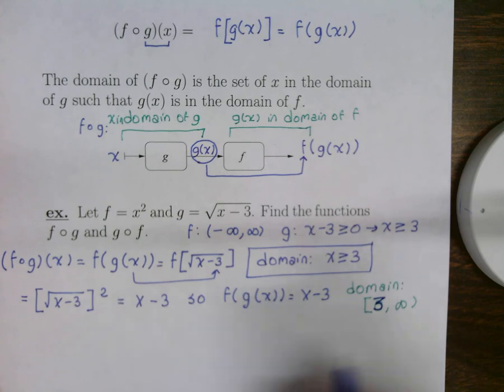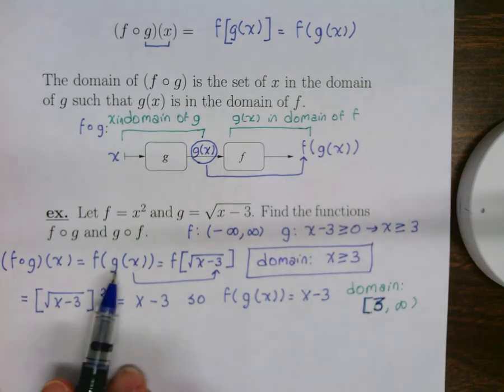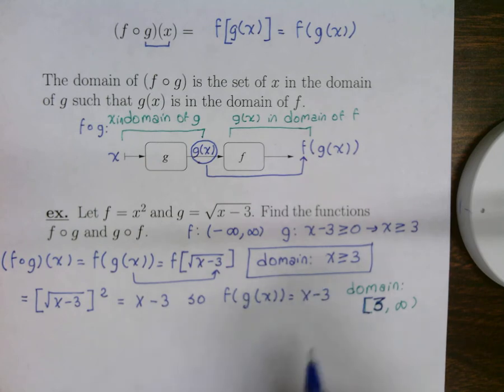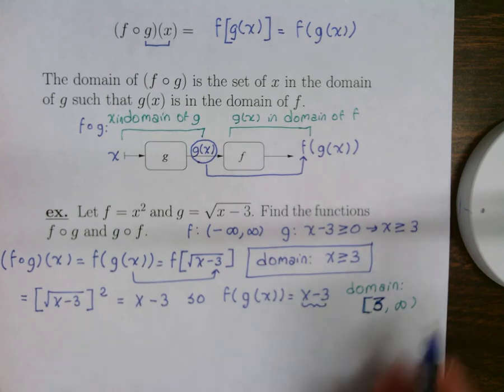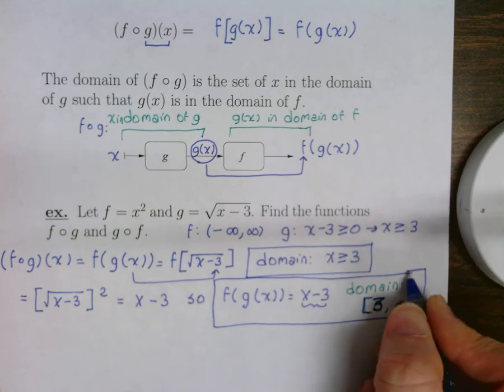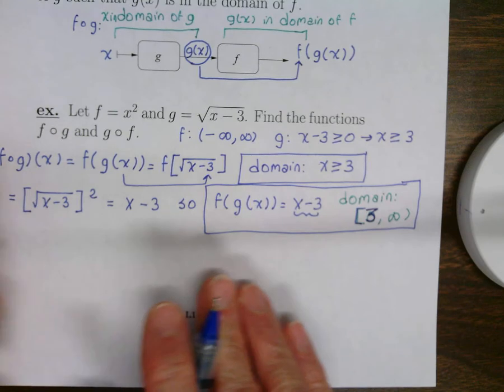Does that make sense? Because we started by applying g, and that had a restricted domain, so our end result, it doesn't matter that it's just x minus 3. It still has the same restriction. You'll get to practice lots of these in your homework, so make sure you understand why that's true.